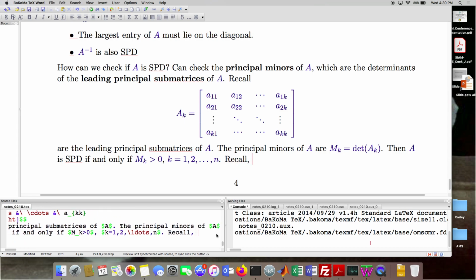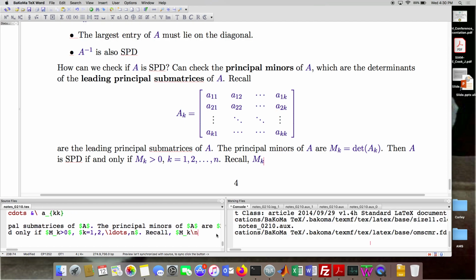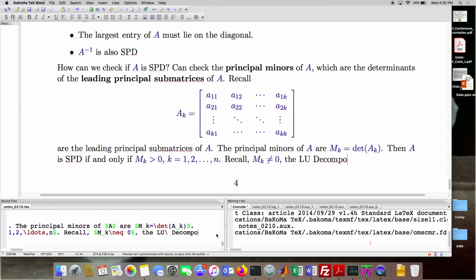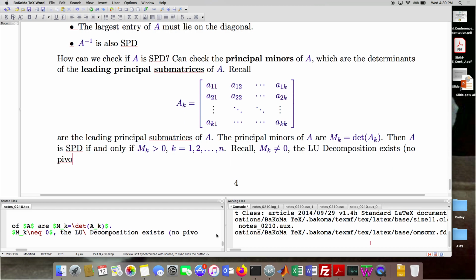If we recall, if the principal minors are non-zero, at least, then that guarantees existence of the LU decomposition. It means it is never absolutely necessary to pivot. You would not have a division by zero. It might still be advisable to pivot, just to reduce the propagation of round-off error, but you'd never be forced to.